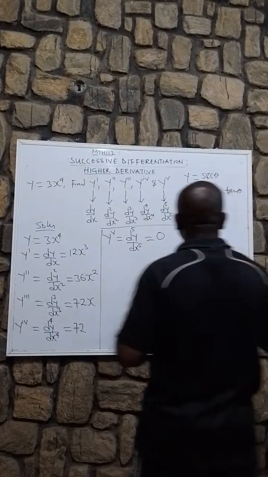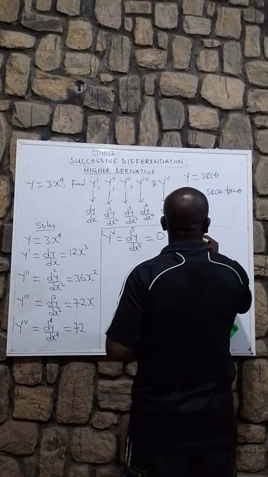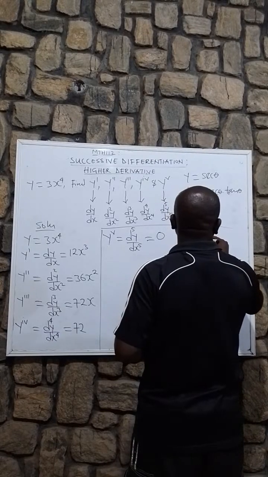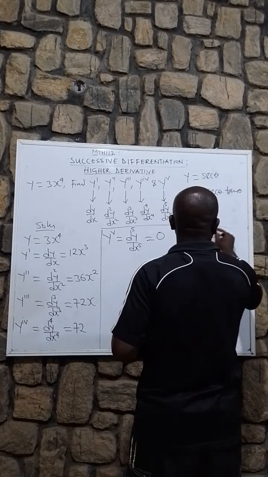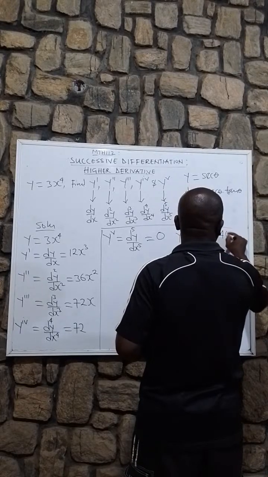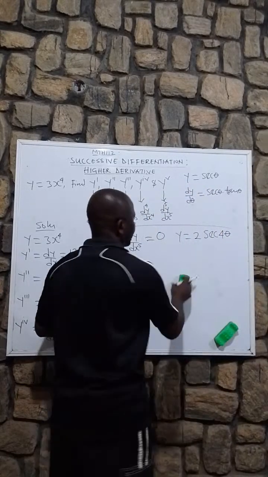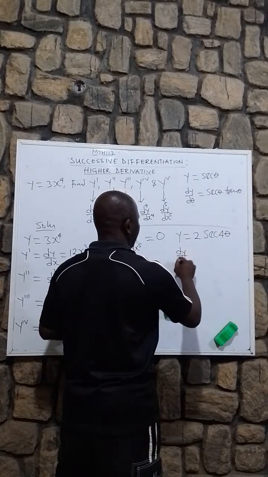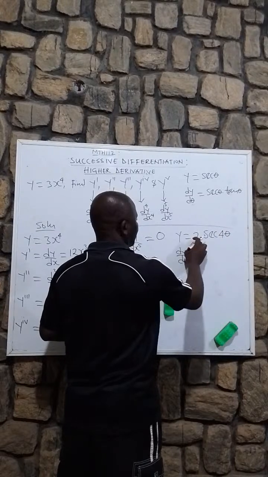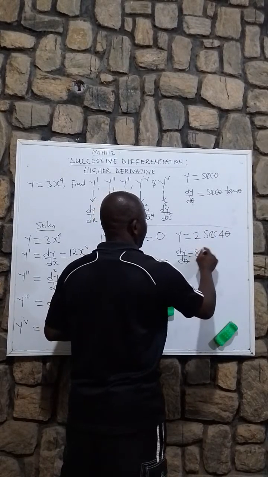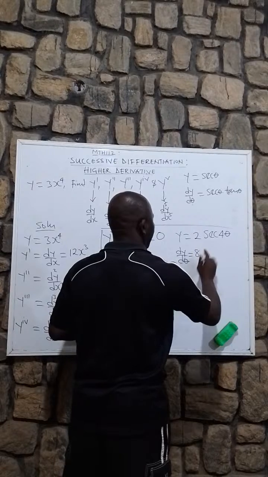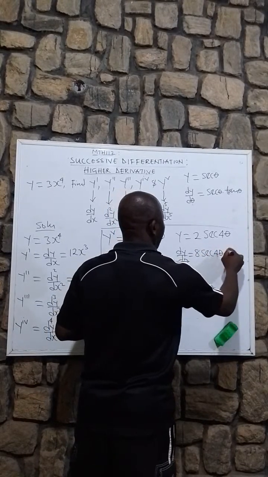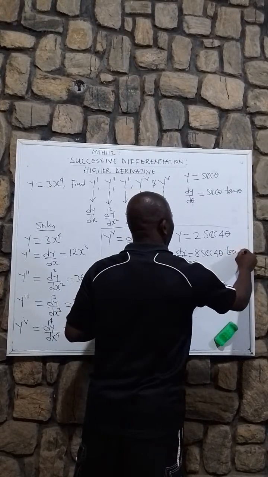So what if we have y equals 2 sec 4 theta? It means we are going to have dy over d theta, use this to multiply, we are going to have 8 sec 4 theta times tan 4 theta.